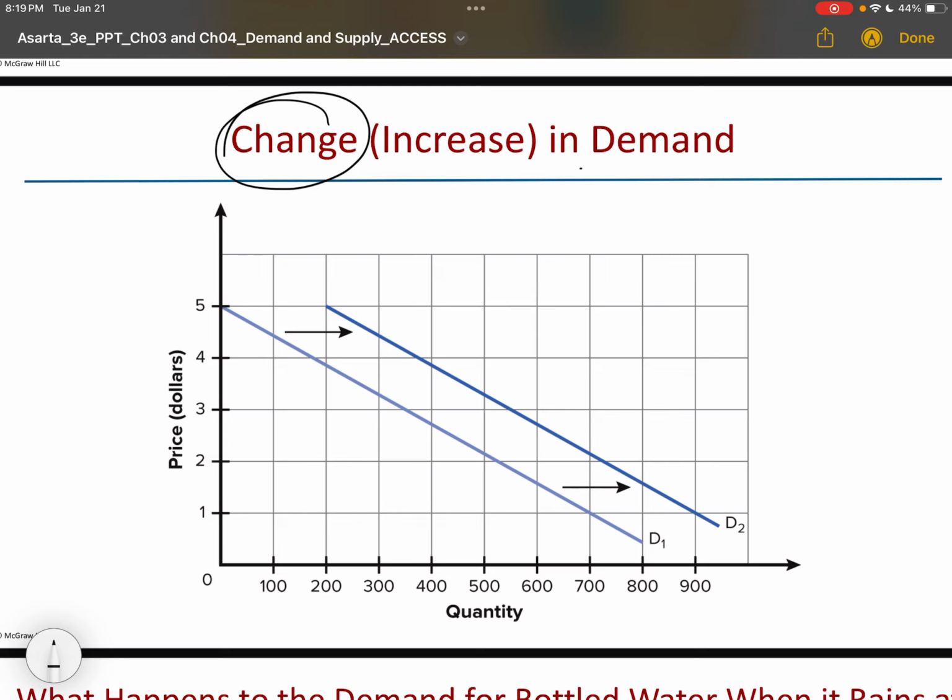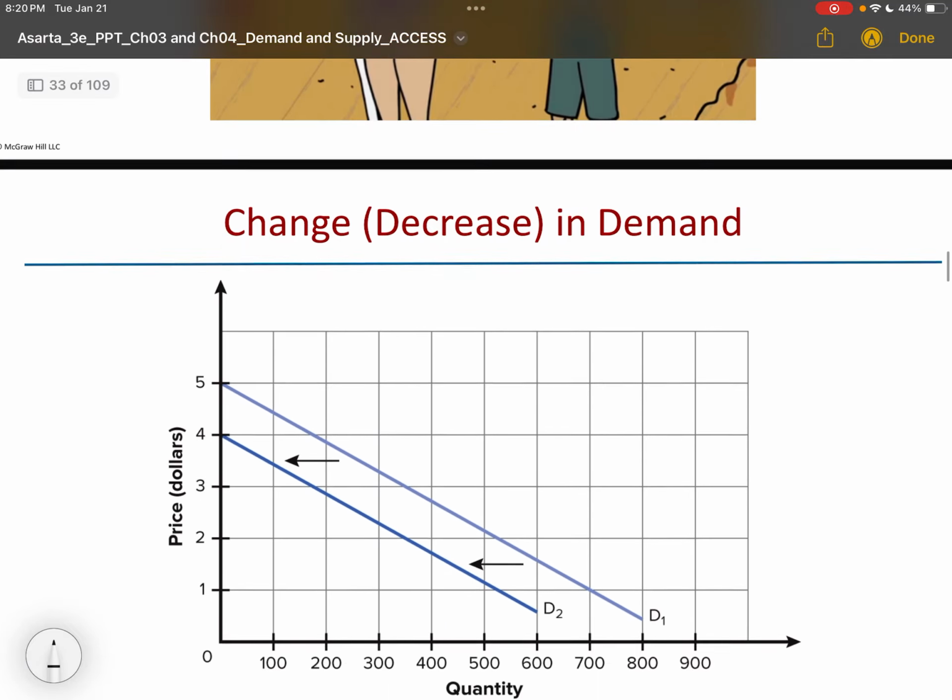So from here, we are shifting the entire demand curve from D1 to D2. So this is termed a change in demand, or to be super specific, an increase in demand.